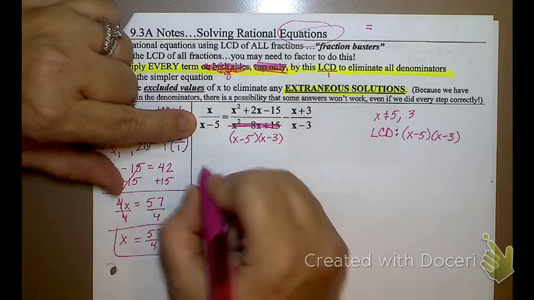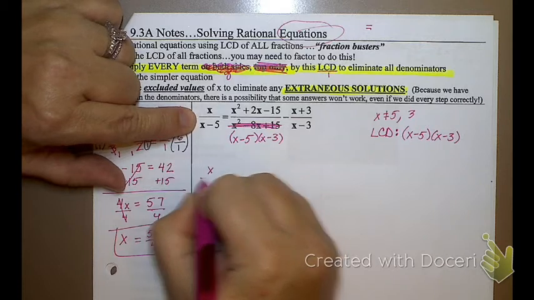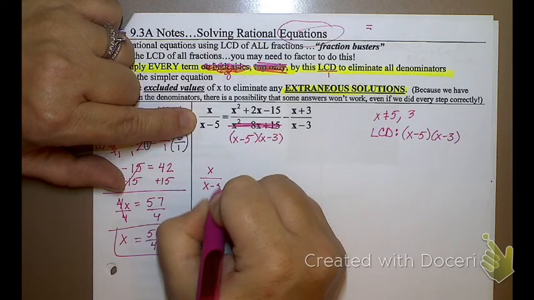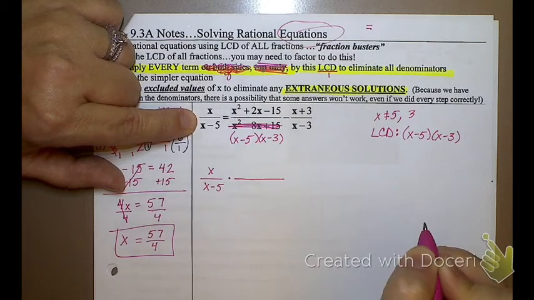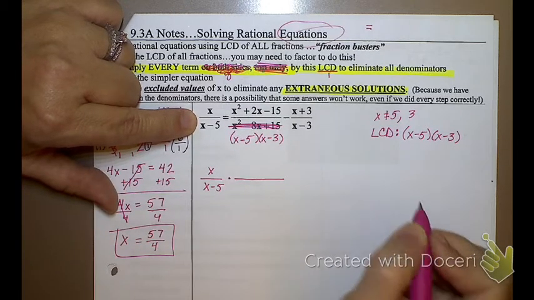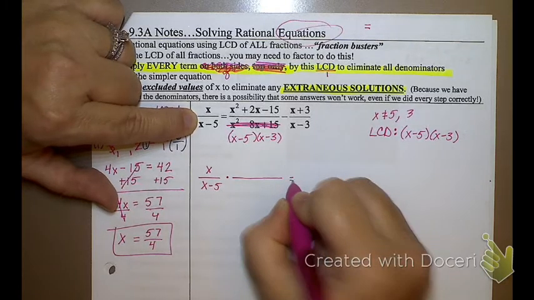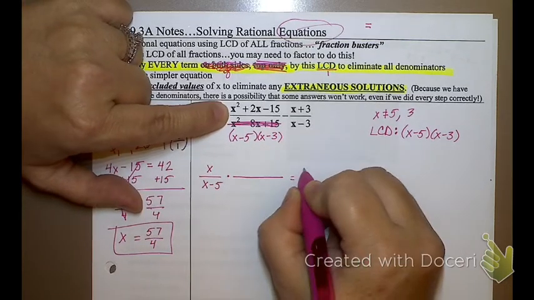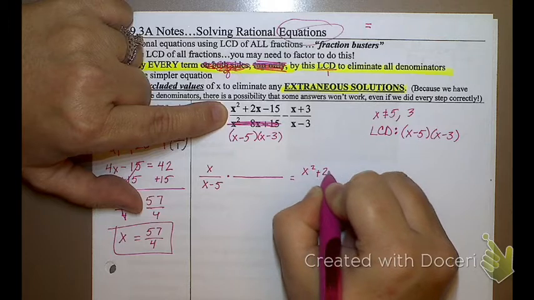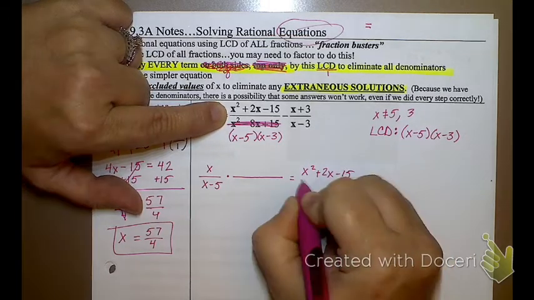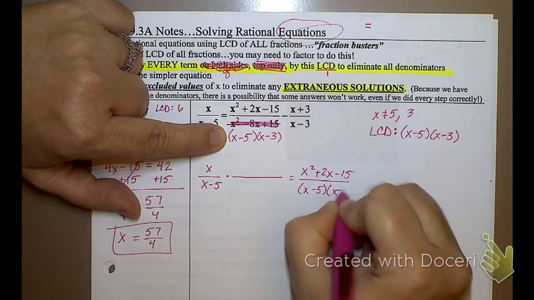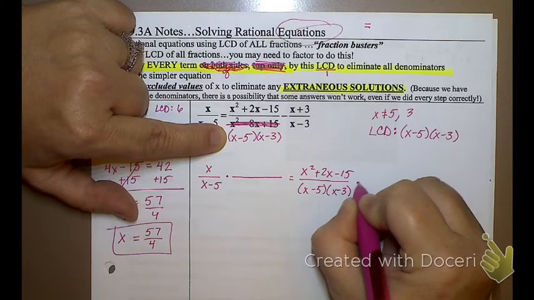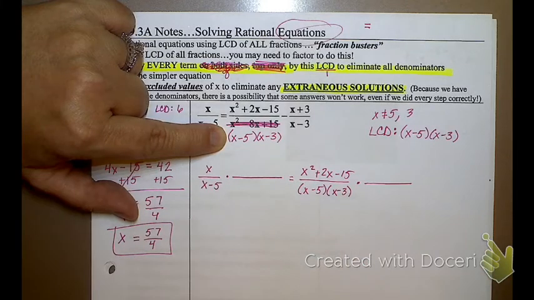So here's what I'm going to do. I'm going to write this original fraction, and then I'm going to write a blank line for my LCD that I'm multiplying it by. Does that make sense? And then I'm going to say equals x squared plus 2x minus 15 over x minus 5, x minus 3 times whatever the LCD is over 1.